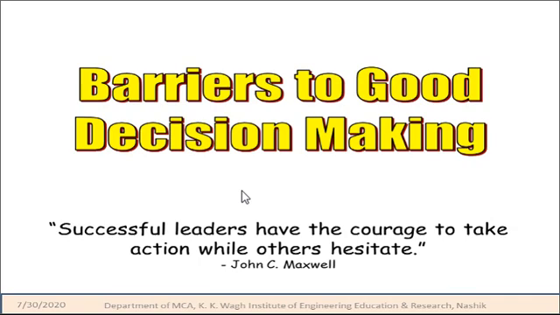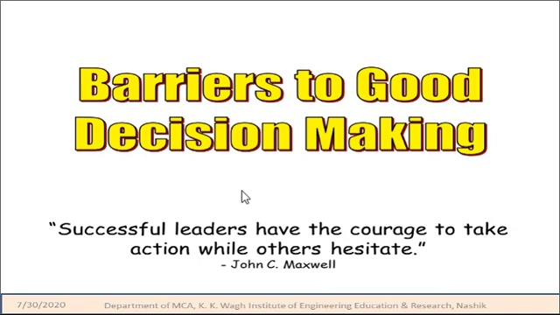Let's discuss the barriers for good decision making. "The successful leader has the courage to take action while the others hesitate." A very good sentence said by John Maxwell. When we are working in some organization, we may have a team leader or a manager, and that manager should be a good leader.